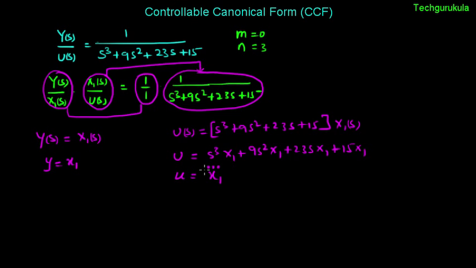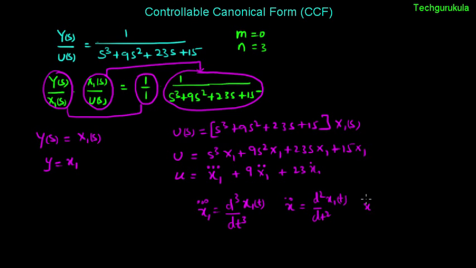So x1 triple dot is d cube over dt cube of x1(t), plus 9 times x1 double dot, where x1 double dot is d square by dt square of x1(t), plus 23 times x1 dot, a single differentiation with respect to time of x1(t), plus 15 x1.